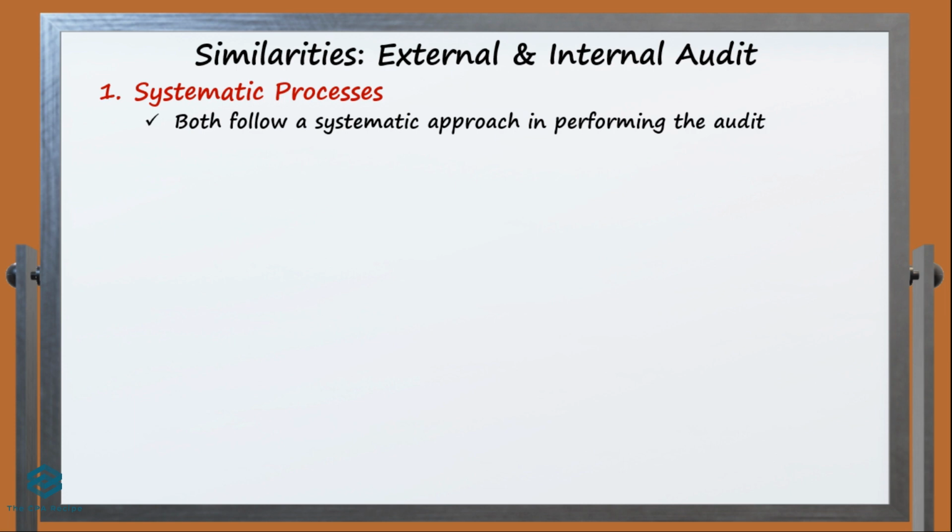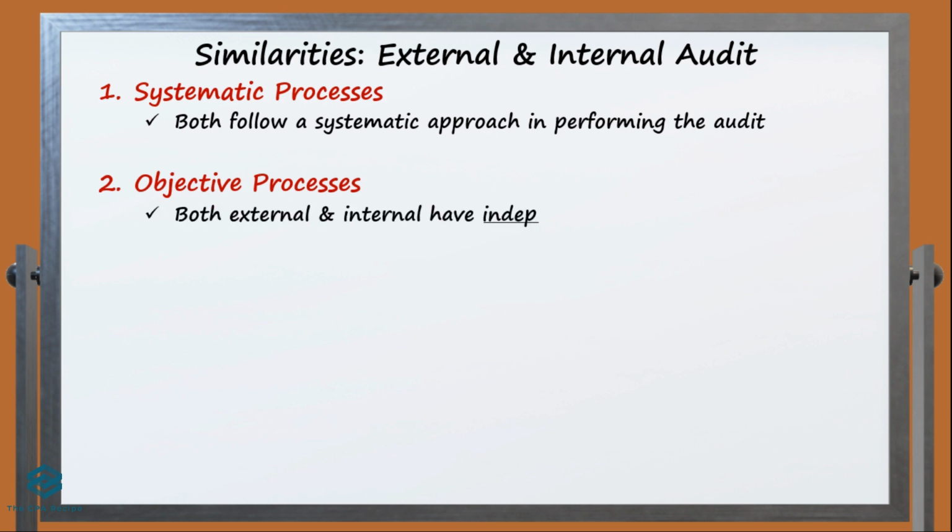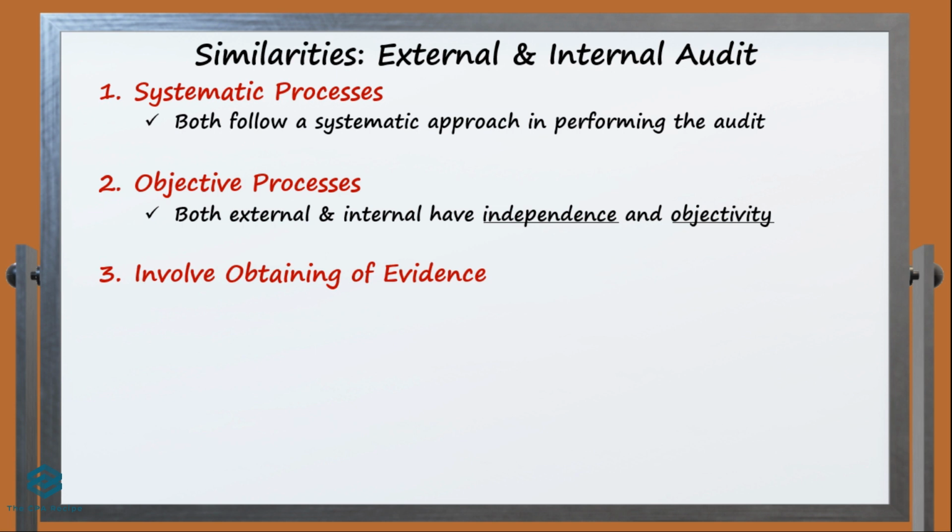Second bro, both are objective processes, meaning in both external and internal audit, the auditors possess the traits that we call independence and objectivity. Third, both involve obtaining and evaluating evidence in order to support the conclusion that will be contained in the auditor's report.